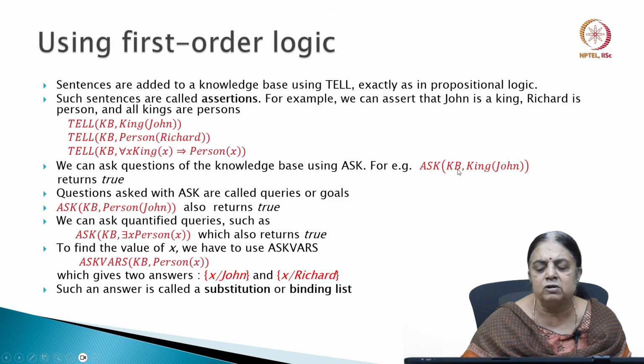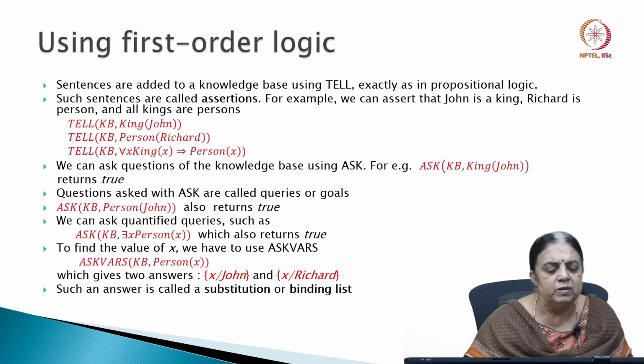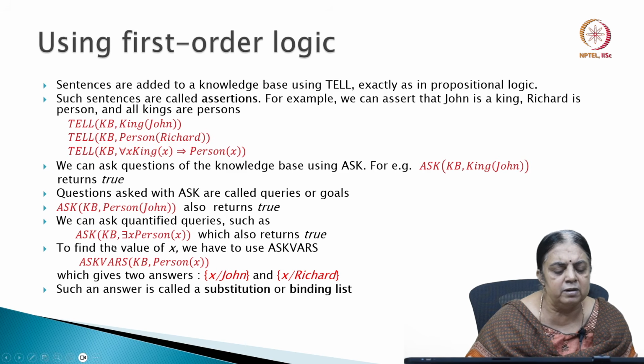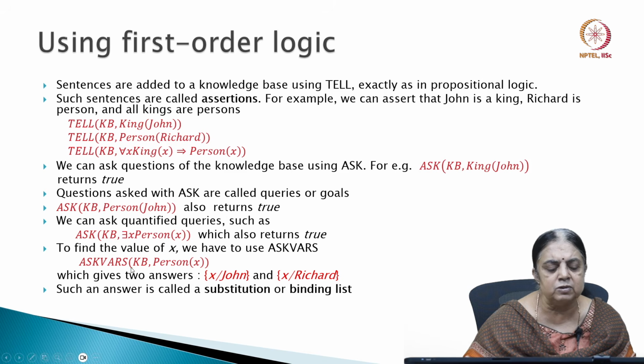So ask knowledge base King John. If you give something like this, it checks whether this is true or not. If this is true, then it will return the answer as true. Otherwise, it will give false. And you may want to know the value of x, right? Suppose I say ask knowledge base person x.